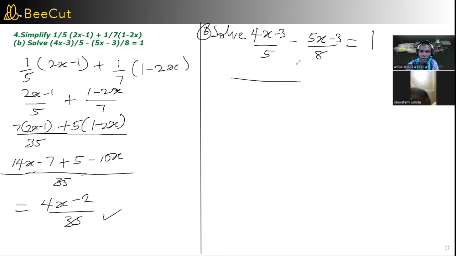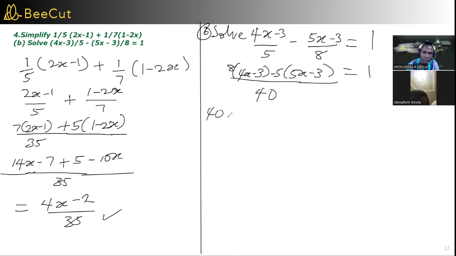LCM of 8 and 5 is 40. So how many 5 is 40? That's 8. 8 into the bracket, so 8 into 4x minus 3. And how many 8 is 40? 5. So minus 5 into 5x minus 3, equal to 1. Then you use your 8 to open the bracket.